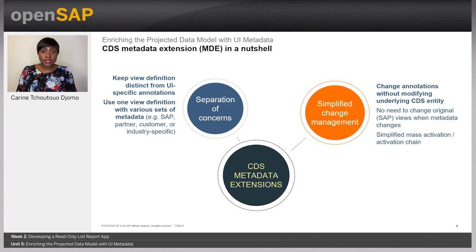With a CDS MDE, you can add semantics for different domains to an existing CDS entity using annotations, typically UI annotations. When using CDS MDEs, we achieve a separation of the data model with all the business object semantics from the UI semantics. This separation of concerns enables simplified change management and modification-free enhancement. Thanks to the layering approach of CDS MDEs, you can define more than one CDS metadata extension for a CDS entity.